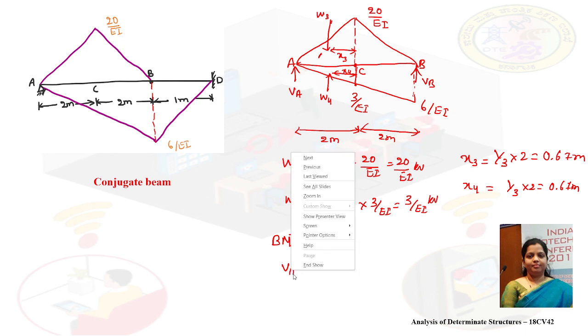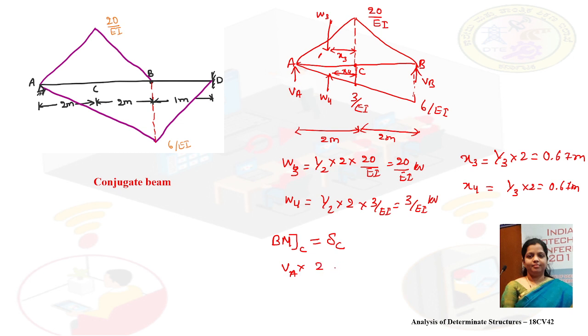So bending moment at C works out to be VA into 2 meter minus W3 into X3 plus W4 into X4.